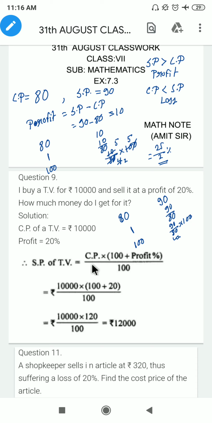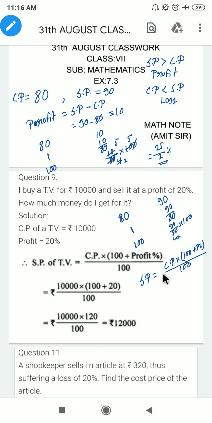But here you have to remember one formula. What is the relation between selling price, cost price and profit percentage? Selling price is equal to cost price into 100 plus profit percentage divided by 100.